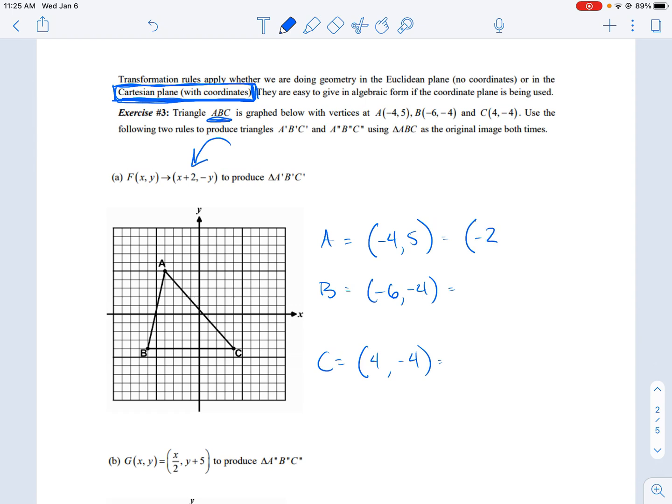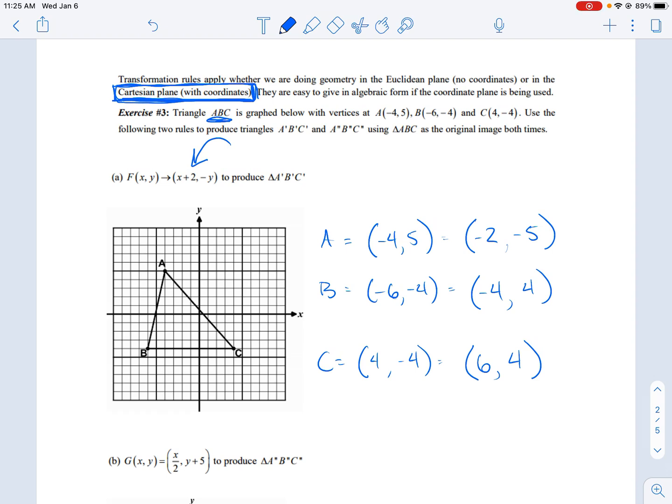And then it looks like we're taking that y value and just making it negative. So here is (-2, -5). Add 2 here, so it's (-4, 4). And then this one's going to be (6, 4). Okay, so that is our transformation.